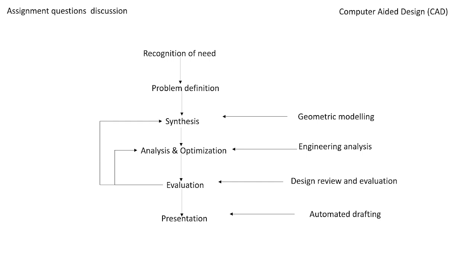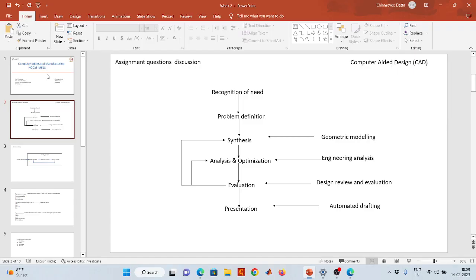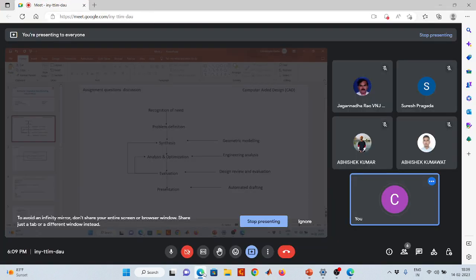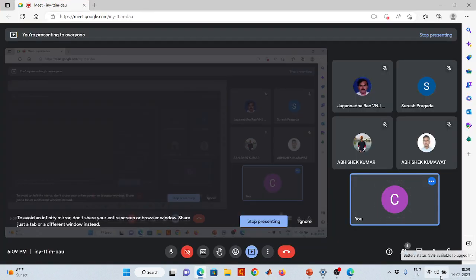Okay. So is anyone having any idea on computer aided design, how the flowchart works, starting from the design to transformation and geometric transformation in computer aided design? Anyone? You can use your chat box. Yes.